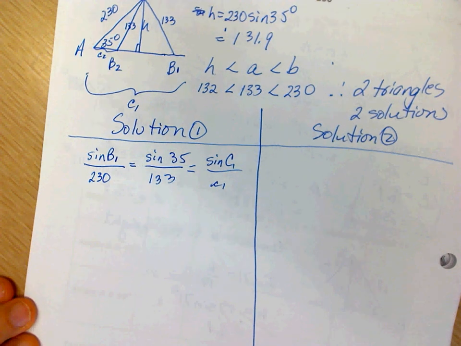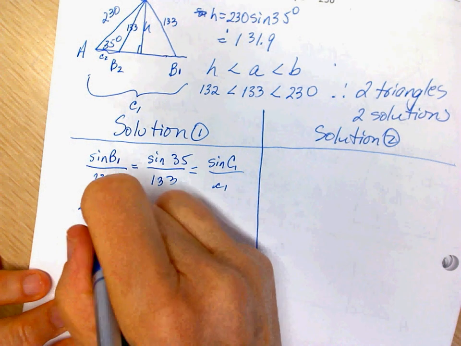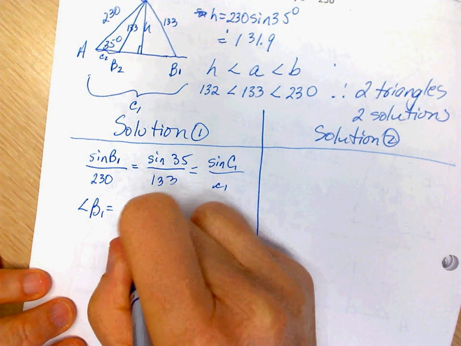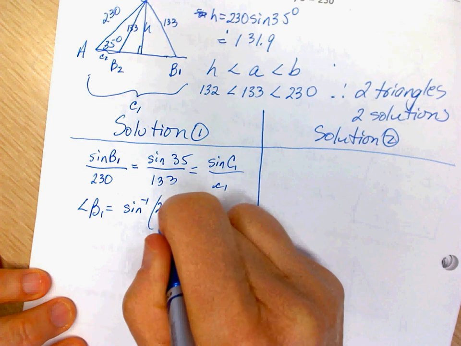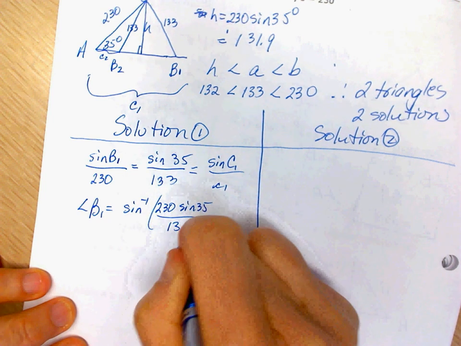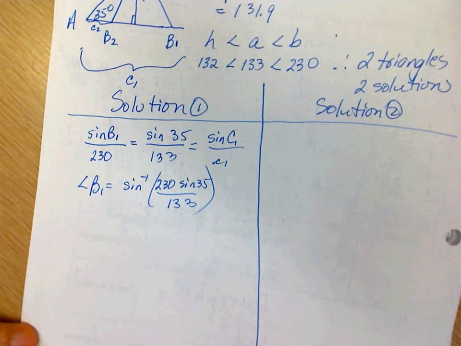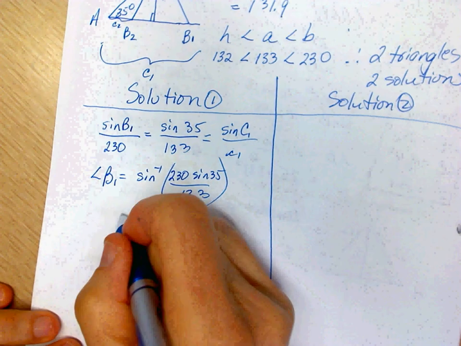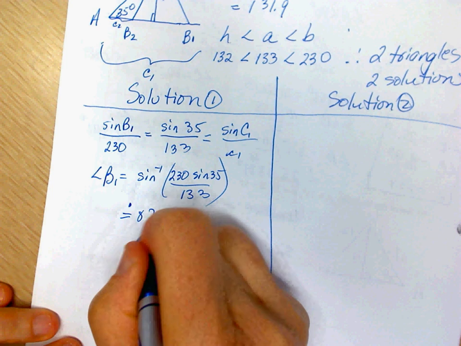So angle B1 is equal to inverse sine of 230 sine 35 over 133, and that is approximately 82.7021 degrees.